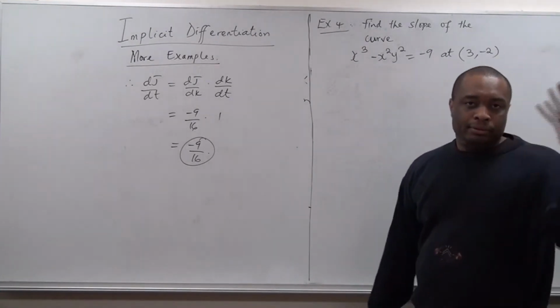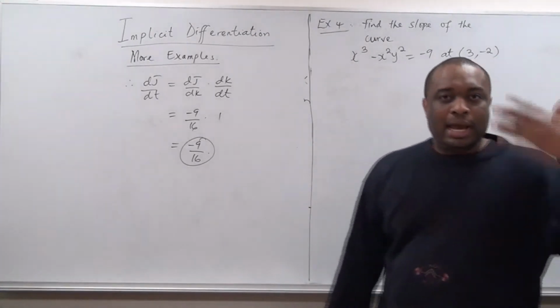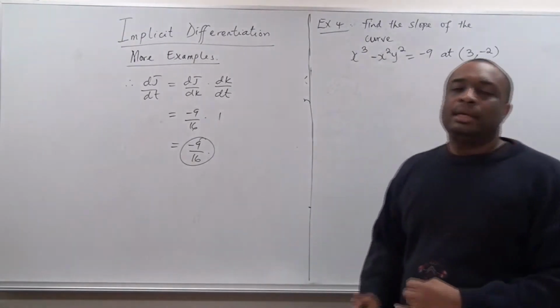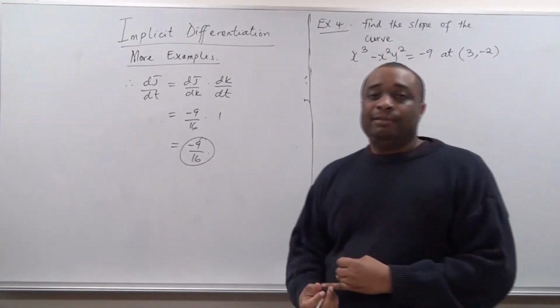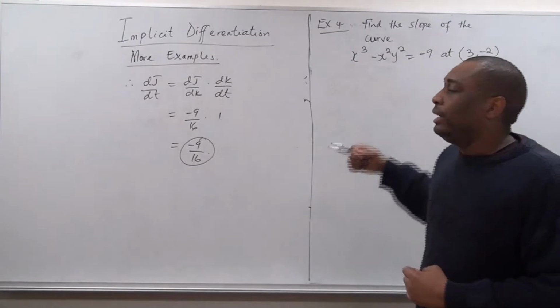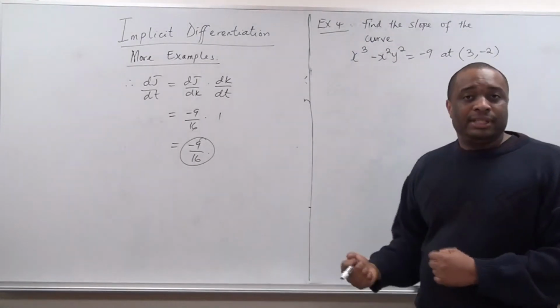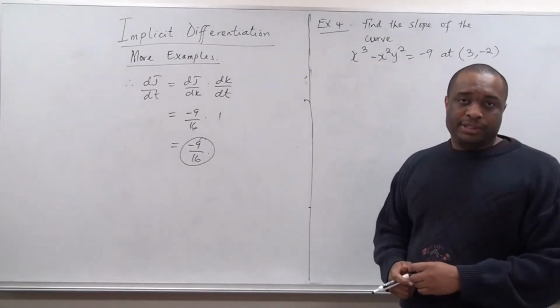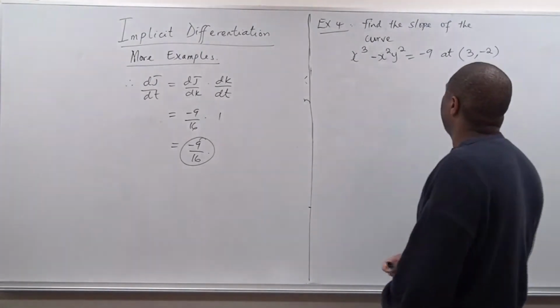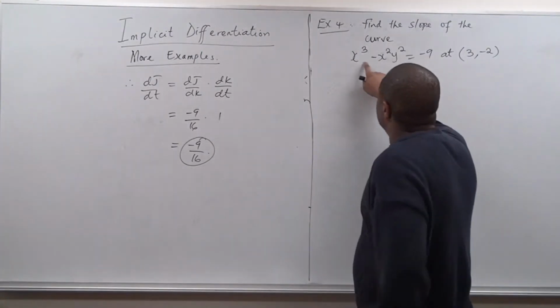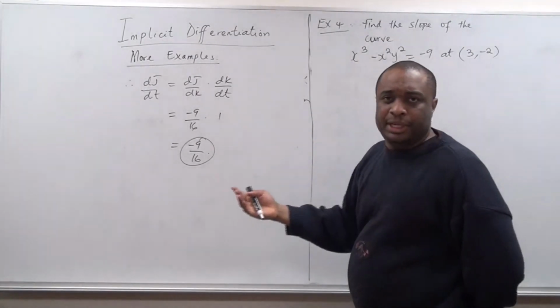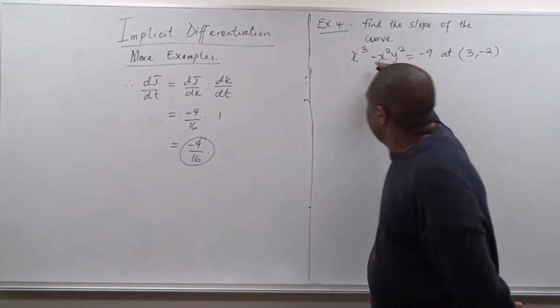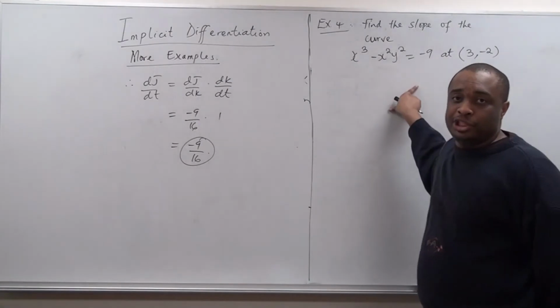Now, if you viewed earlier video segments about application of differentiation, you will find out that one of the applications of differentiation is to find slopes of lines and curves. Okay, so we have to first of all differentiate, and this is an implicit function.